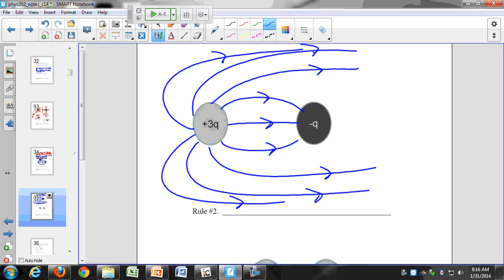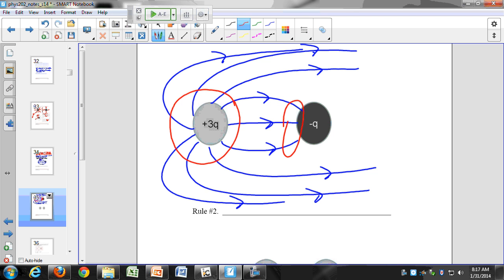So notice that I have 3 field lines that go into this charge. So how many should I have coming out of the plus 3q charge? If the number of lines that come out of the charge is proportional to the magnitude of the charge, how many field lines should I have coming out of the 3q charge? I should have 9, right? 3 times as many field lines. And so now notice that I have 9 field lines coming out of that charge.